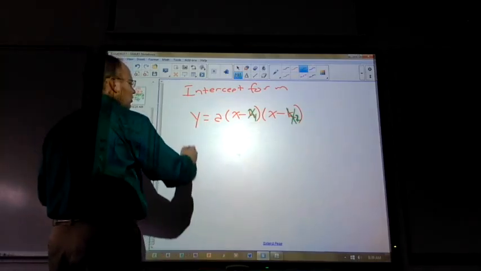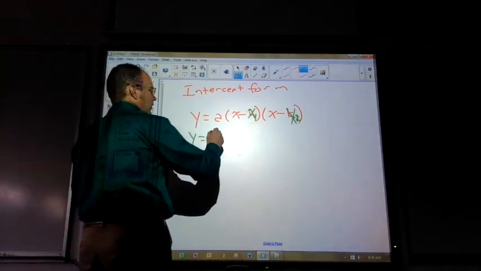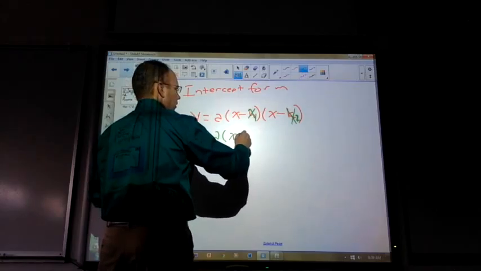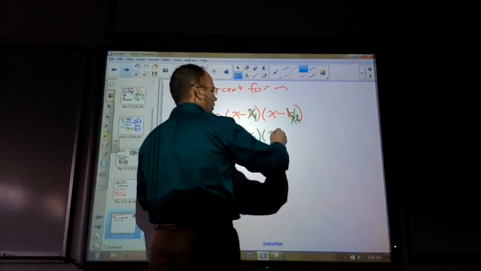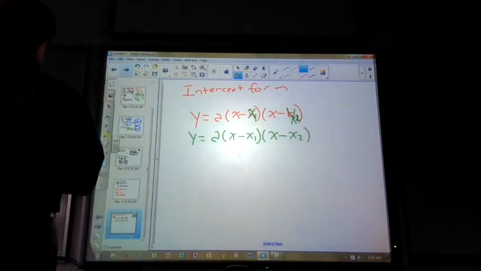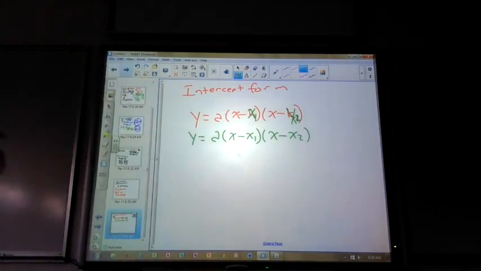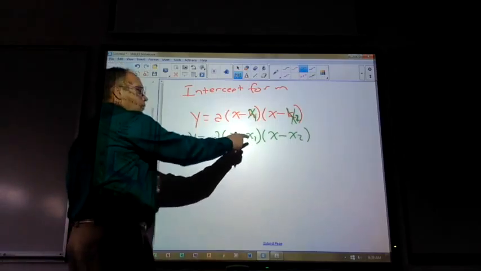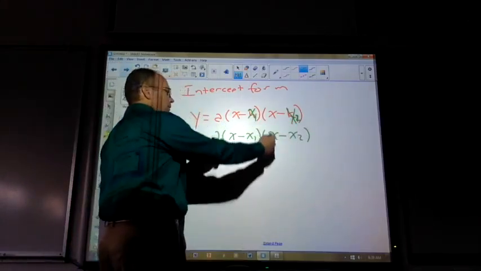But when you're in intercept form, let me rewrite this so it's a little neater. I'm using x sub 1 and x sub 2 to show that we are dealing with different variables. So x and x1 are not the same, x and x2 are not the same. Those x's are the same.